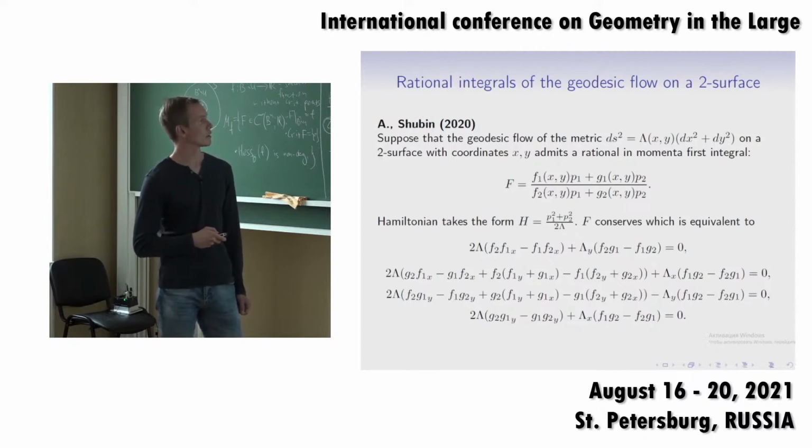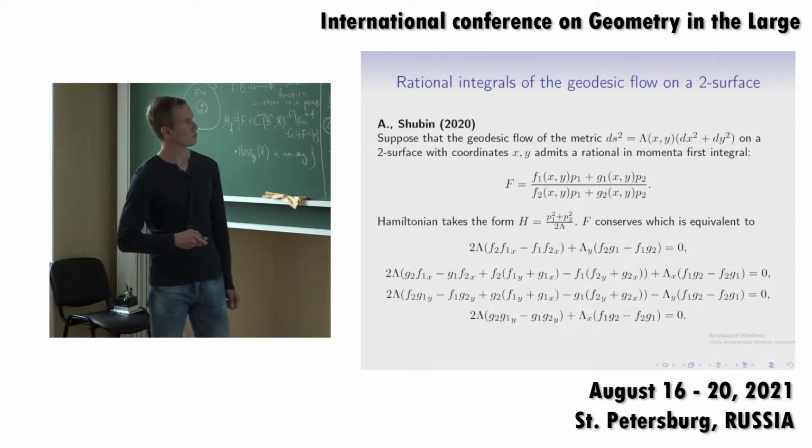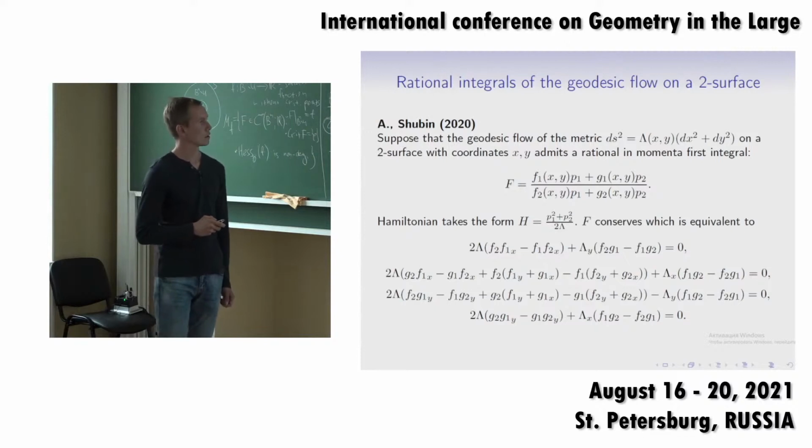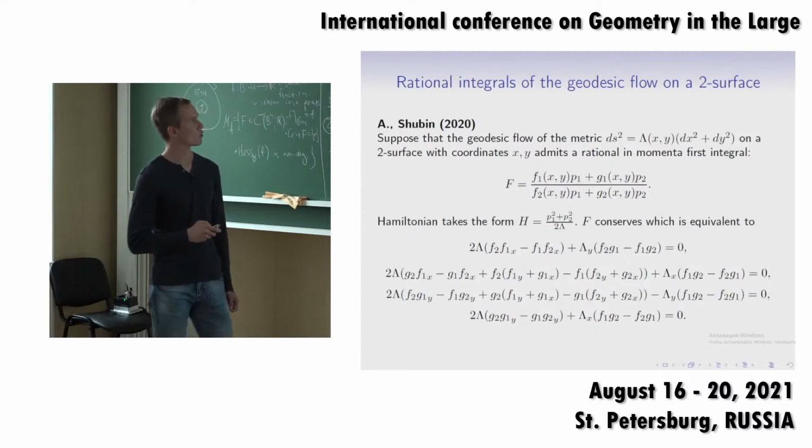We considered the simplest case when the degrees of numerator and denominator are equal to 1. And in this case, the question of existence of such an integral reduces to this system of PDEs. And we managed to integrate the system and to construct a rich family of explicit solutions.